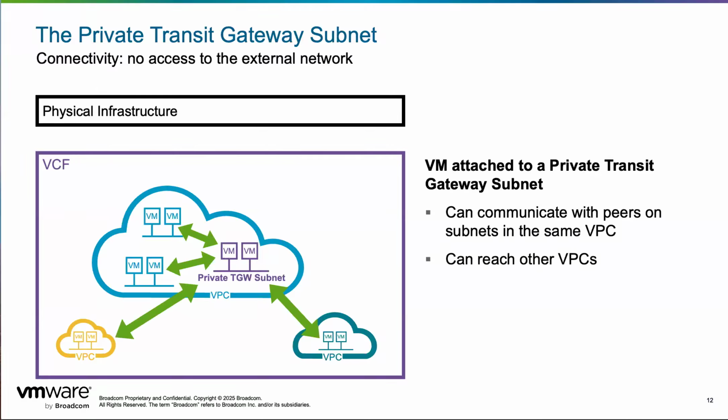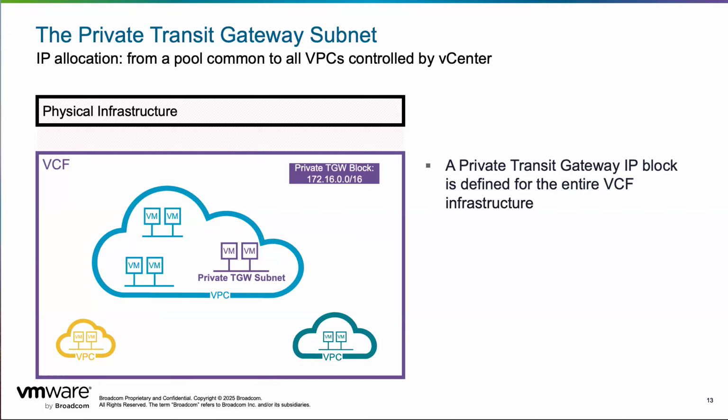But this time it will also be able to reach other VPCs in the VCF infrastructure. So you have an additional span in terms of connectivity for your virtual machine in that case. However, in the end, you still cannot reach the physical infrastructure, so you're still private to the virtual infrastructure. Well, you're not visible from the outside world, and you cannot reach the outside world.